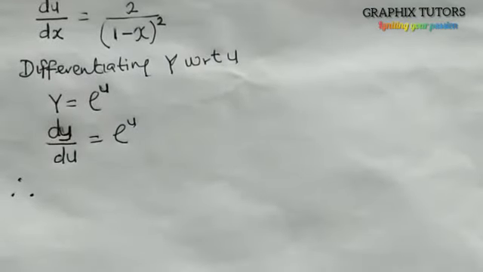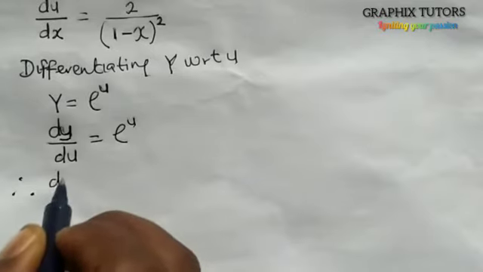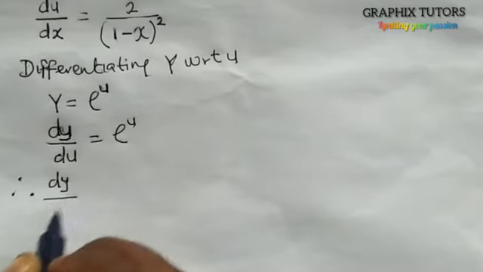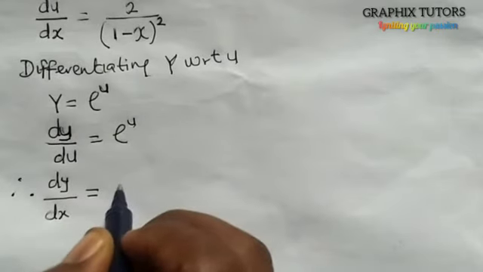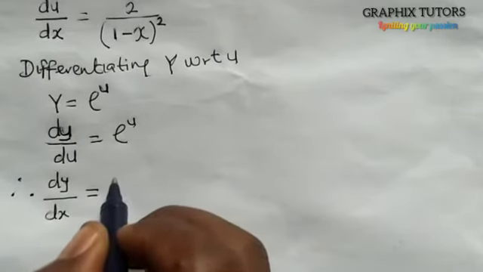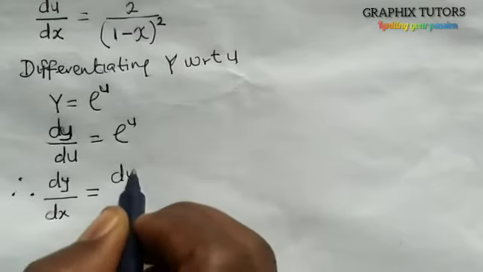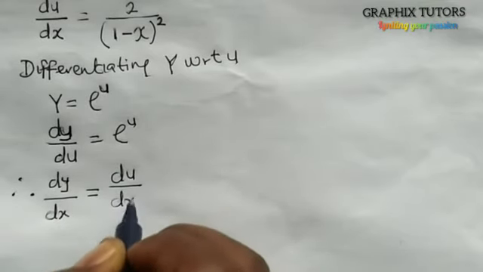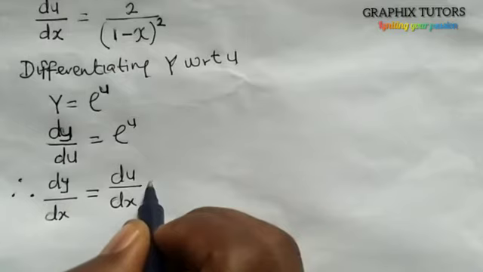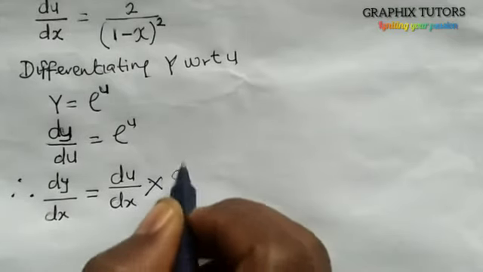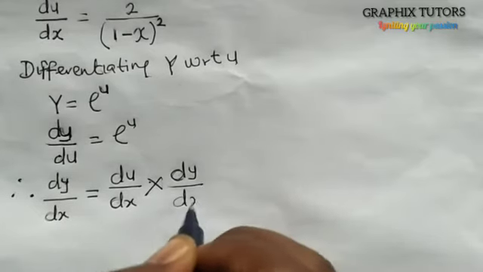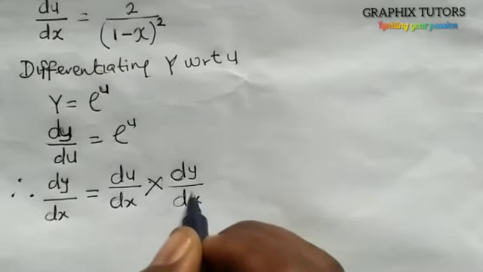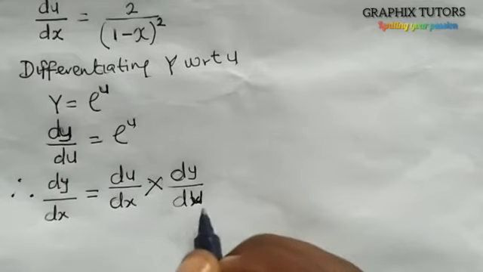So I'm going to write it this way: therefore dy over dx is equal to du over dx multiplied by dy over du.